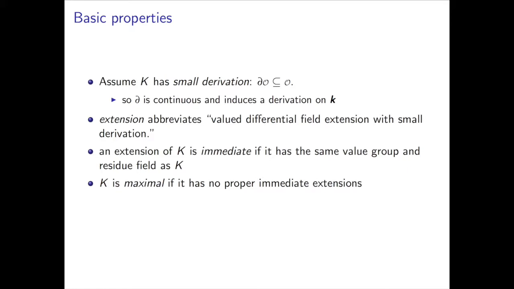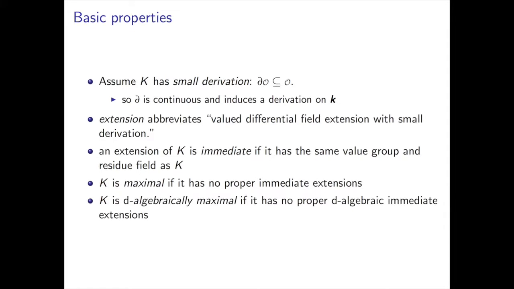It happens that you have a differential valued field, and if you forgot the derivative, you could have an immediate extension. It could be, but with the derivative you cannot. So let me think for a second. How do you forget a derivation if you are always talking about small derivations? Oh, I see.